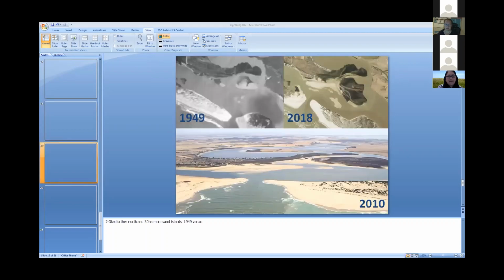Looking at aerial photographs to see the movement of sand. This was the mouth in the 1940s, and ever since the barrages have been put in between the lakes and the Coorong, the water flows through here, and 120 kilometres further south. As you can see, it's far larger in the 1940s than it is now.